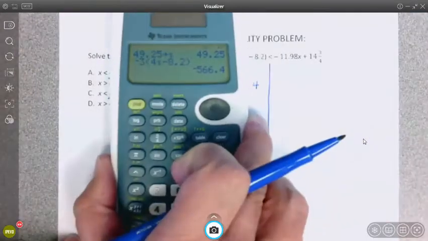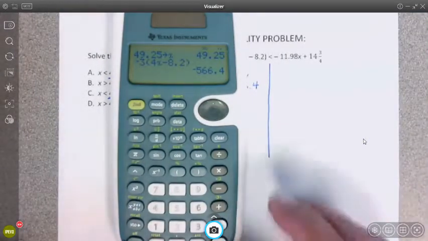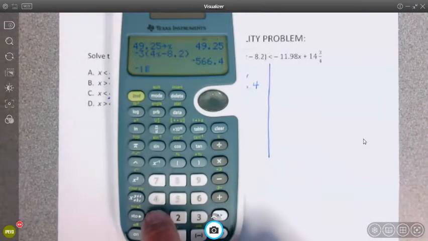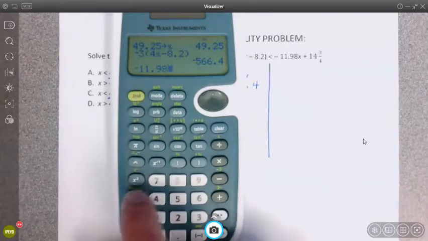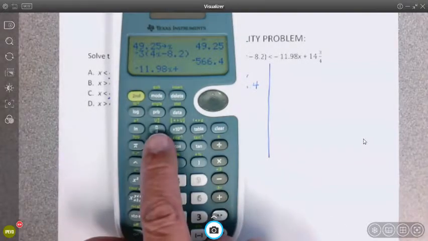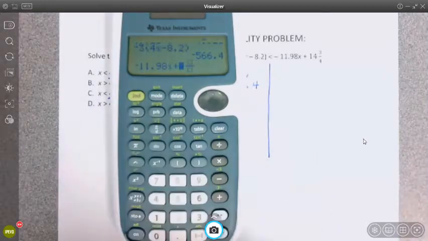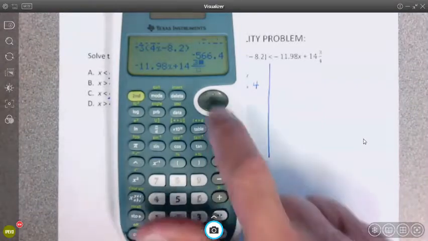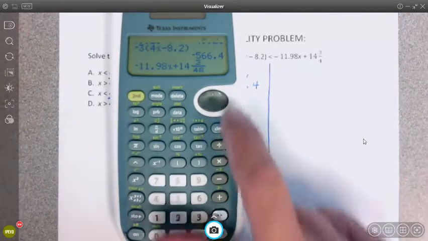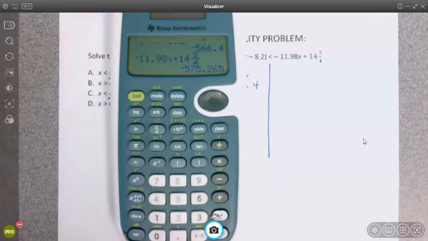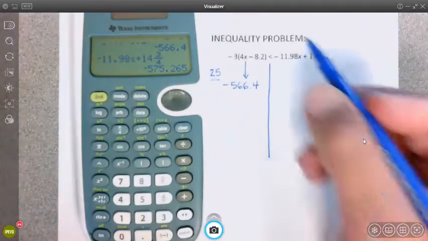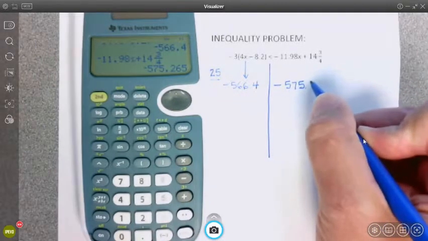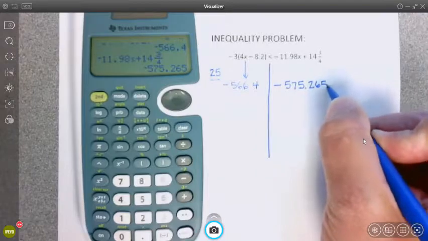Now let's do the same thing for the right-hand side of the inequality. So I'm going to enter that expression, -11 and 98/100ths, x plus, and then I use the fraction key with the second function button to get at the mixed number entry, 14, move the cursor over, 3, move the cursor down, fourths, and then move the cursor over and hit Enter, and I get a value of -575 and 265 thousandths.